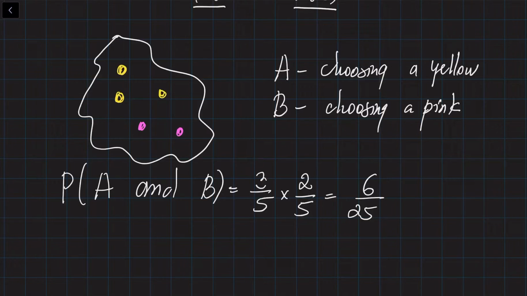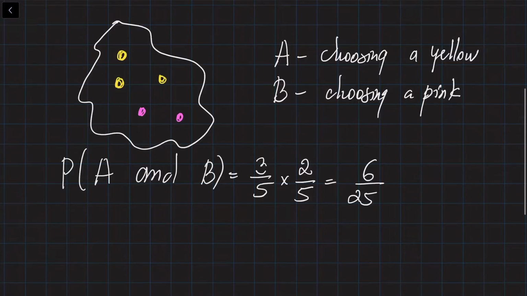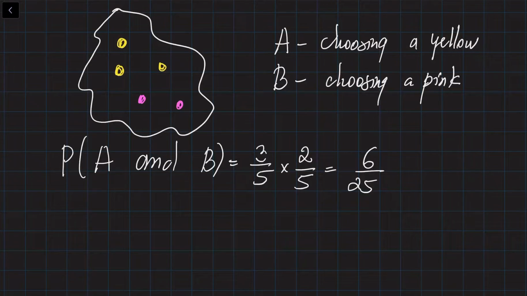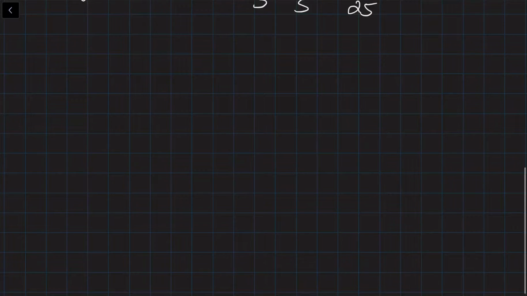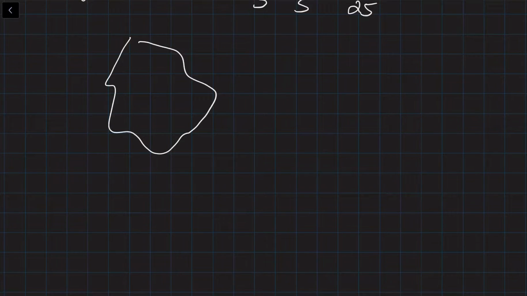But the problem is, it really depends on whether you put the ball back in the box after the first trial or not. If you have the box with 5 balls, the probability that you are going to choose a yellow ball in the first trial is 3 over 5.